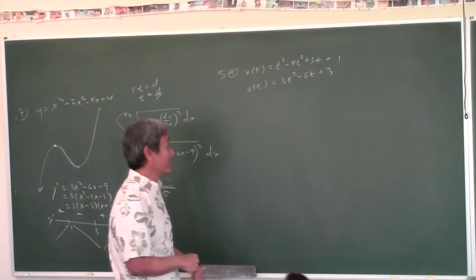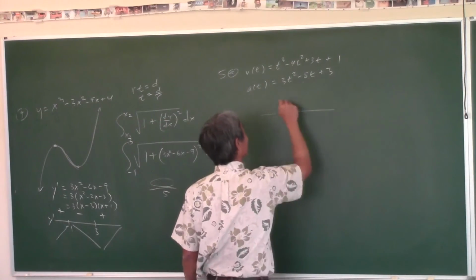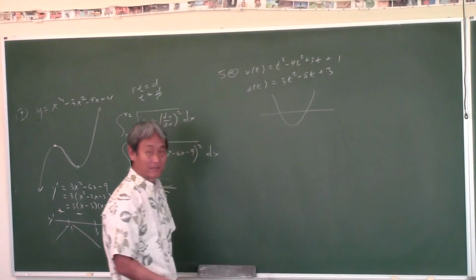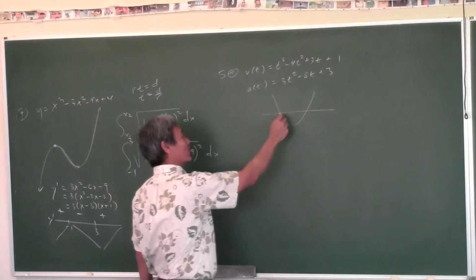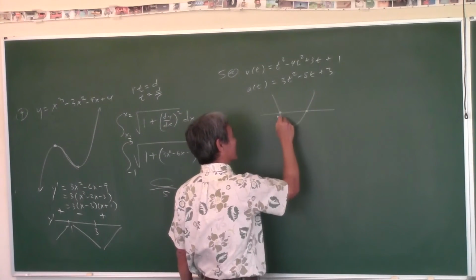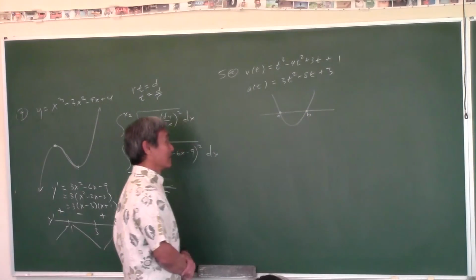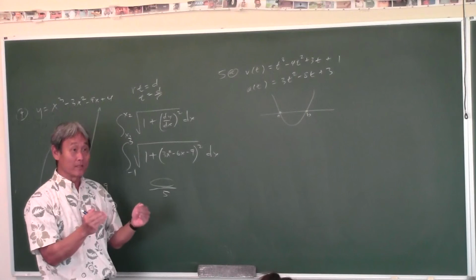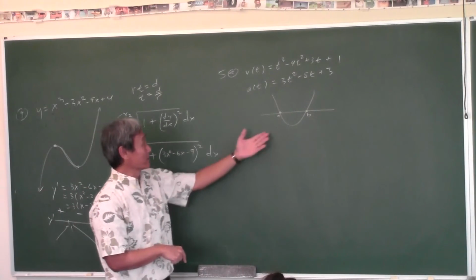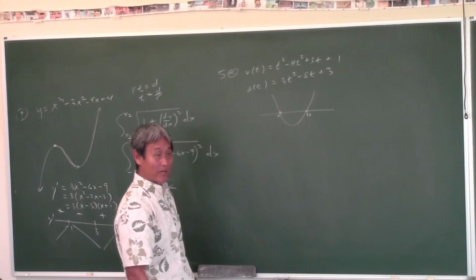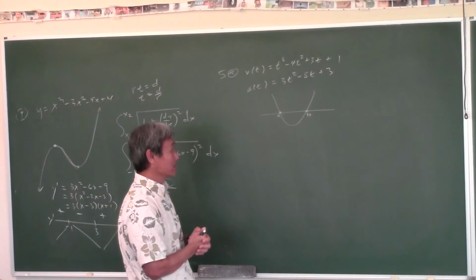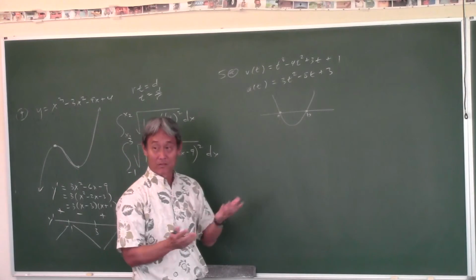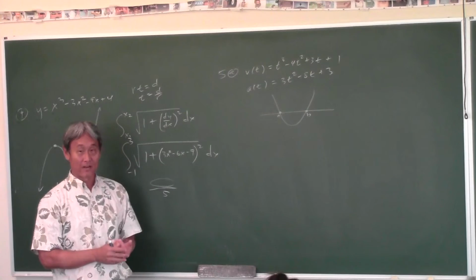That's the derivative. You graph it on your calculator, you're gonna see something like that. Now I don't know what these numbers are, I'll just call it A and B. So when is the velocity decreasing? When its derivative is negative. Well, look at this graph. When is the derivative negative? When is the graph below the x-axis? Between A and B, whatever those numbers are. But you can G-solve that on your calculator, right?